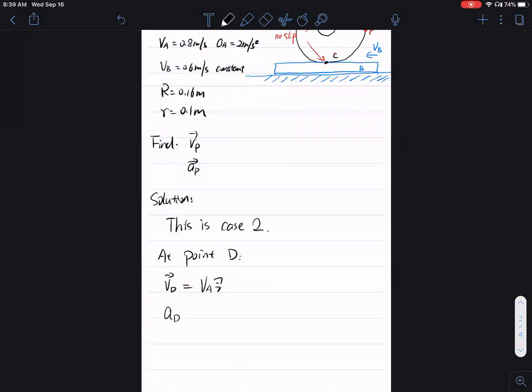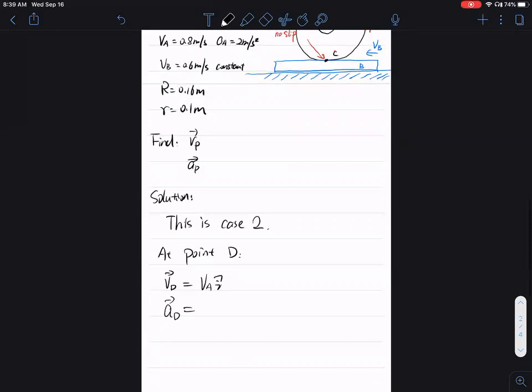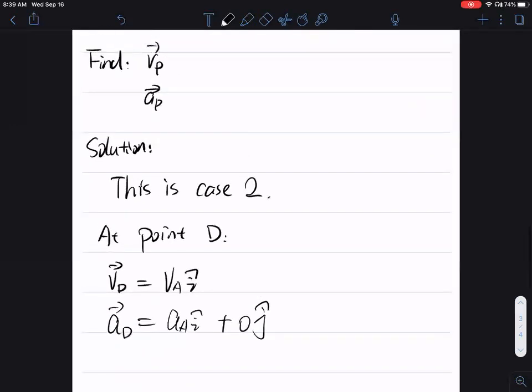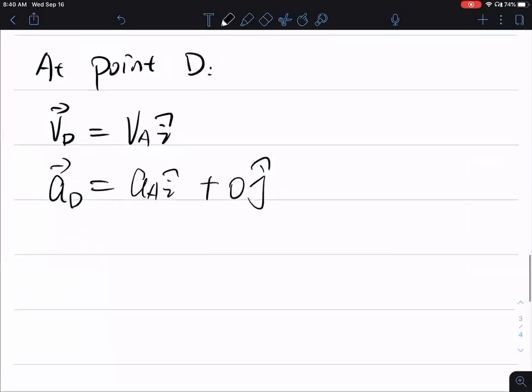How about the acceleration AD? What is the acceleration for AD? Is this right? No, we don't know. Yes, this is case 2.